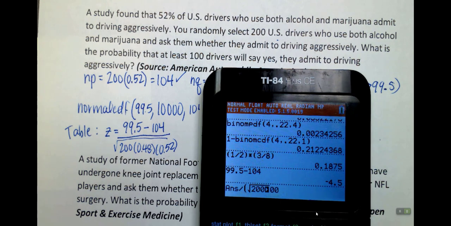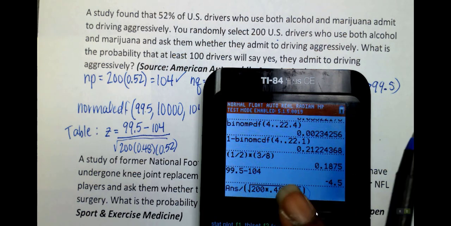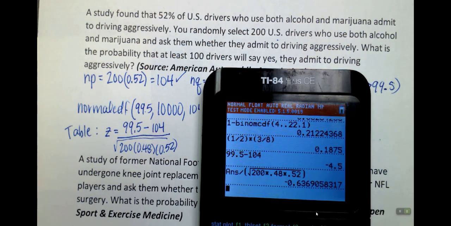There we go. 200 times 0.48 times 0.52. Close the parentheses. So notice it's outside of our square root. So just make sure it's on the right thing.